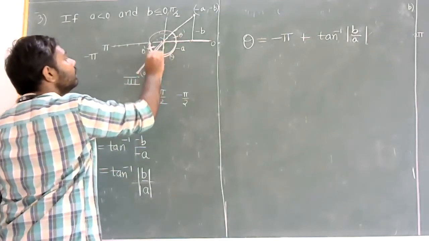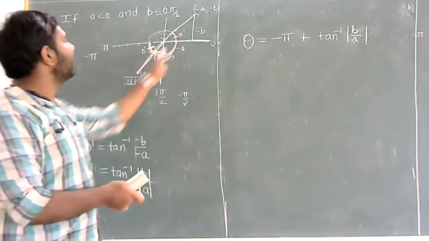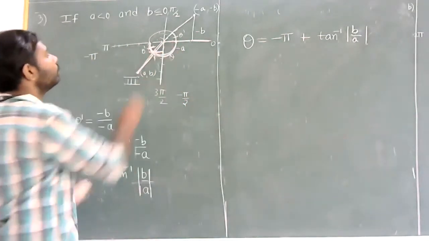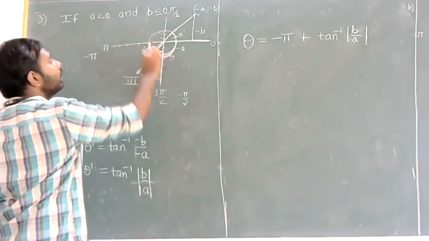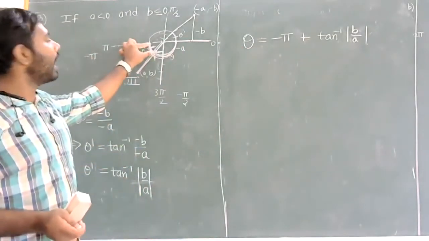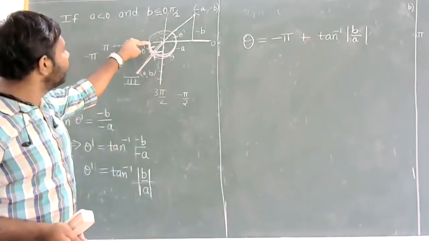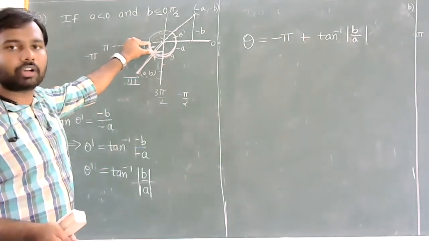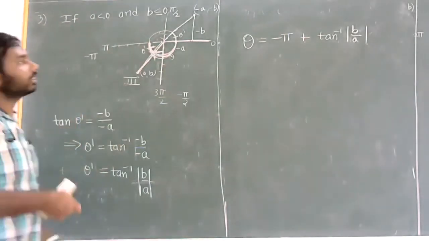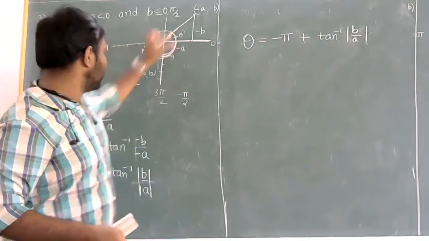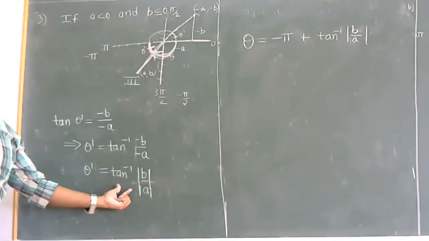Again, we take the angle subtended by this line with respect to the positive real axis. This will be the angle. So we consider the total angle, which is minus pi. In that we have to add this one. So to come back we have to add something, because we are in the negative direction. What do we have to add? This angle, and this we have calculated, tan inverse of modulus of b by a.